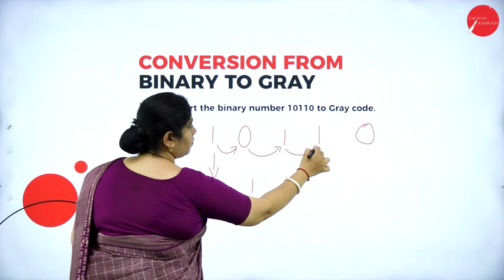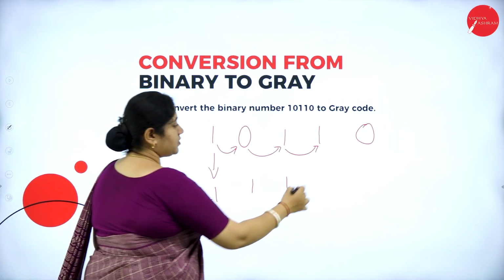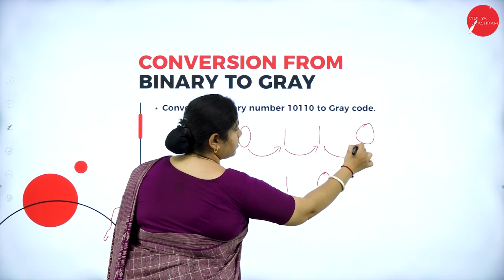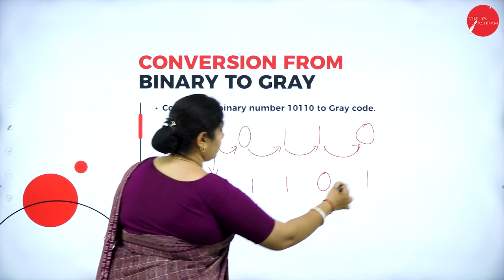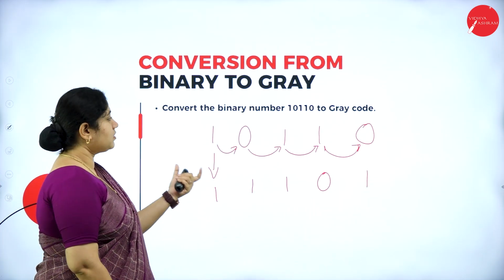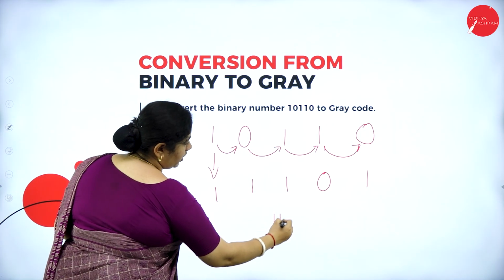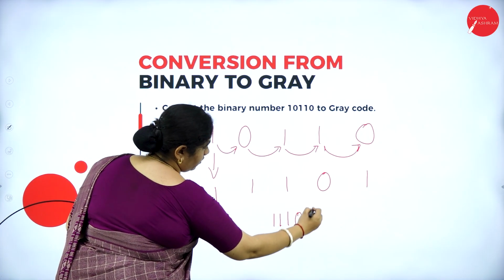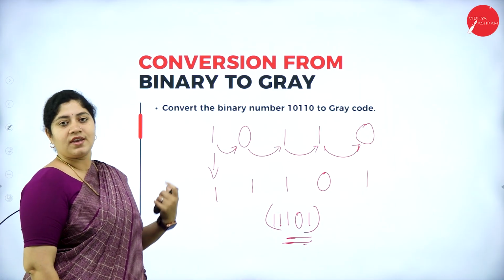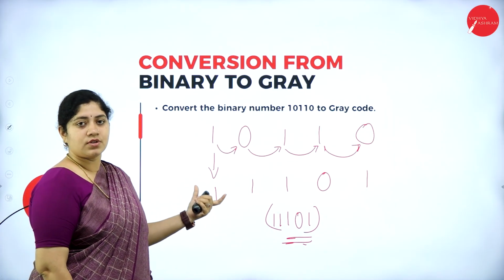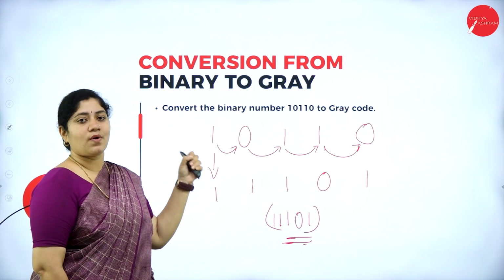Up next, 1 XOR 1, same input. So what's the answer? It's 0. Up next, 1 XOR 0, inputs are different, so I'll be getting a value 1. So finally, what's my answer? It's none other than 1 1 1 0 1. Easy, right? This is how we can convert our binary value into the gray code by using XOR gate.